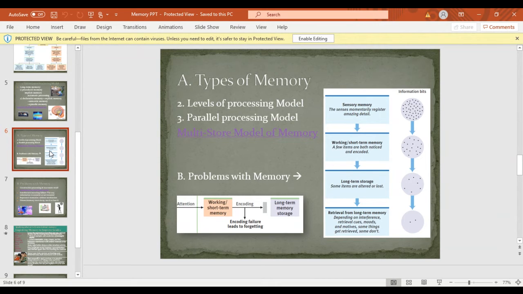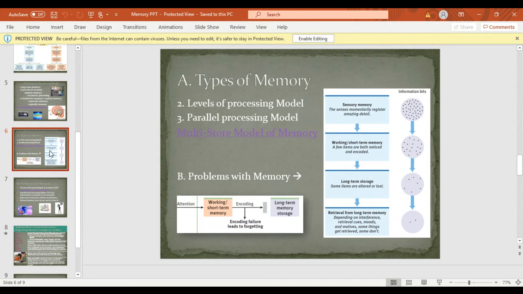And then it goes into the long-term storage, and depending on the different times that we remember something, we may remember something fondly or irritatingly. Maybe you remember Christmas as a child fondly, but when you were younger, you remembered more upsetting things that happened during Christmas time that you have since forgotten.